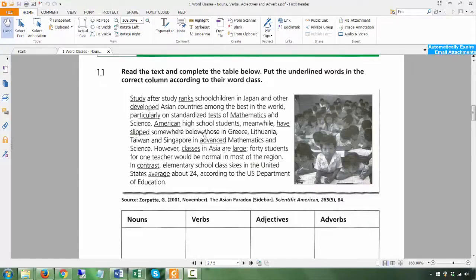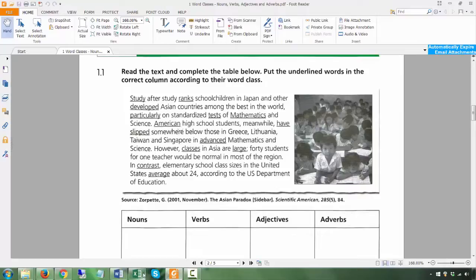So you see, the whole purpose of this exercise is to make you aware and understand that different words may have different word classes, but you have to really understand the structure of an English sentence to understand whether this is a noun or this is a verb. You just have to understand the structure, because the subject, which is always a noun, will come first, and then you have your verb. So study after study is the subject, ranks, present simple tense, okay?